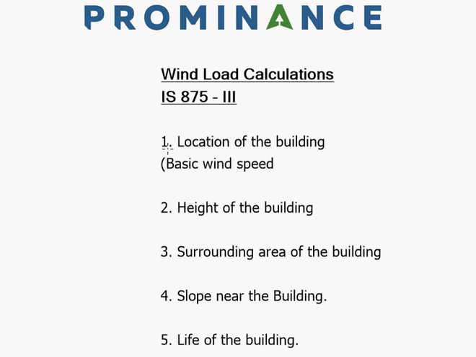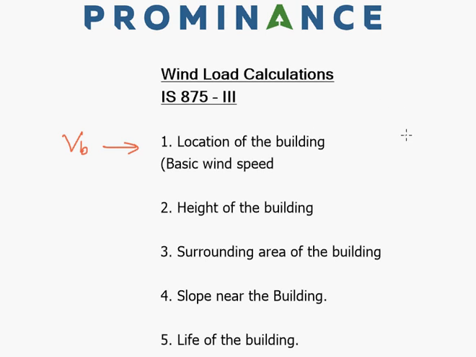The first parameter is the location of a building, in which city your building is located. Whether it's located in Mumbai, Chennai, or in the North, it's very important to consider the location of a building. What we get is something called Vb, the basic wind velocity, which is divided into different zones.